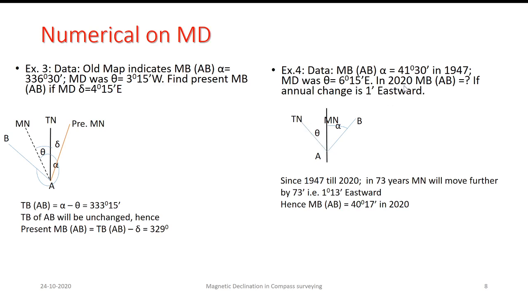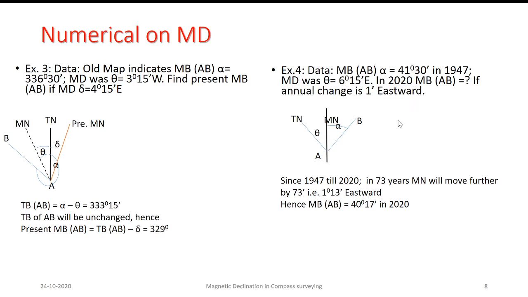As on the current day, the magnetic bearing is to be determined if the magnetic north is moving 1 minute per year on the east side.